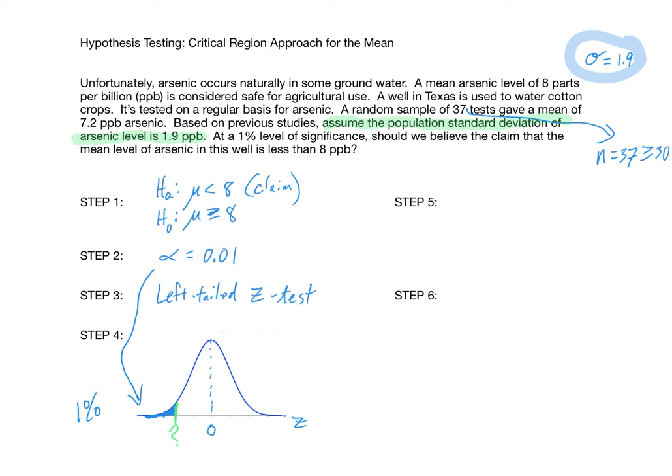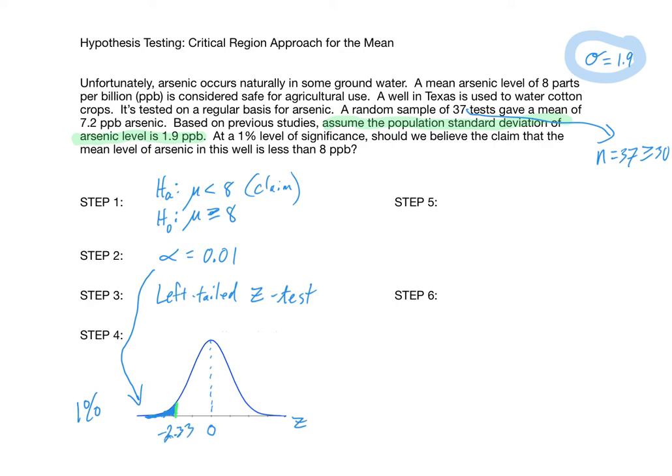If you look in the heart of your standard normal distribution table, you'll see the closest area to 0.01 is 0.0099, and that is associated with the z-score negative 2.33. Means this critical value right here is negative 2.33.